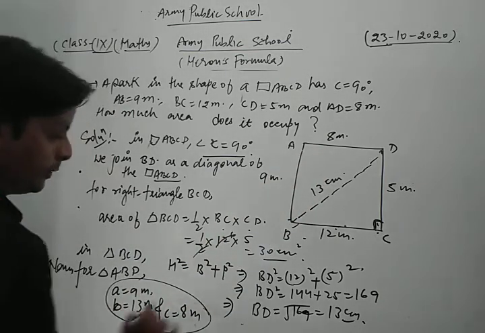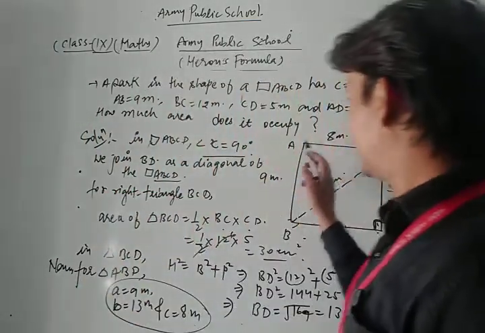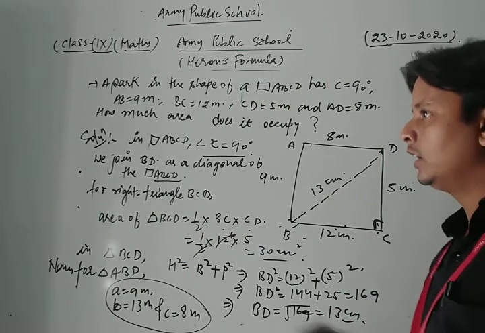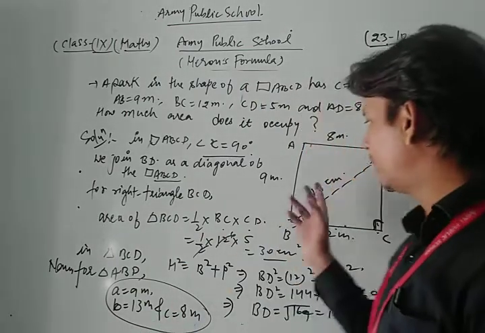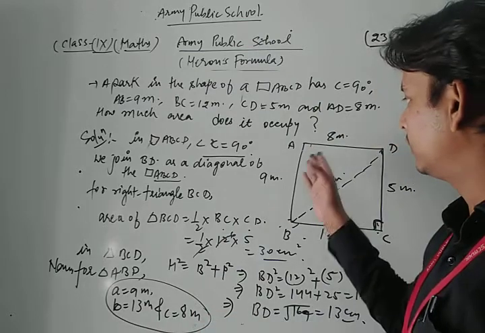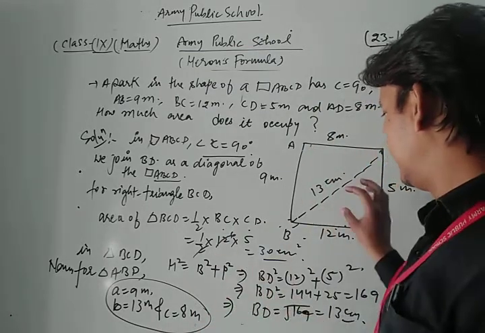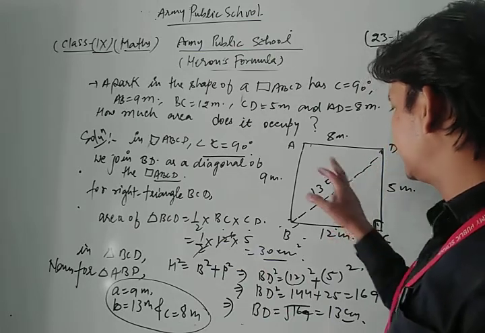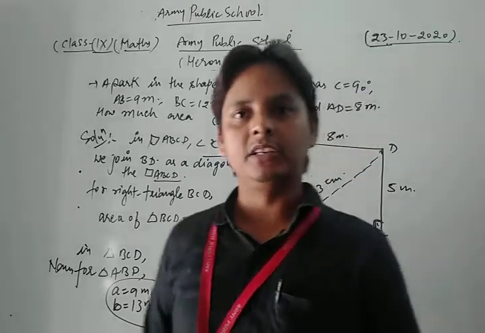Thus we get all three sides of triangle ABD. Now you apply Heron's formula, and in this way we get the area of that. Then you add the areas of triangle BCD and triangle ABD. Hence you get your answer, the area of quadrilateral ABCD.